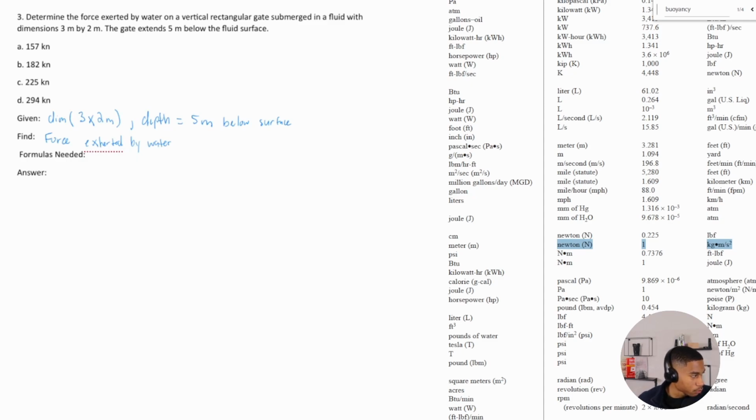What information do we have that we can use? So first thing, if we're trying to find force, then let's go to the section where this may be helpful. Let's go to the fluid mechanics section.